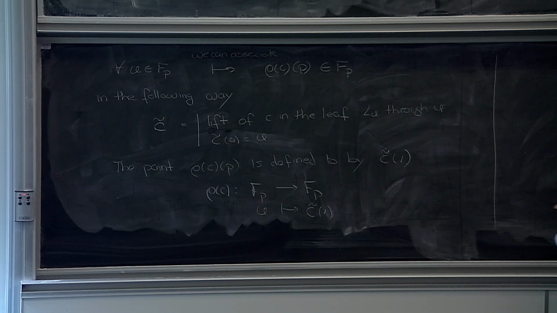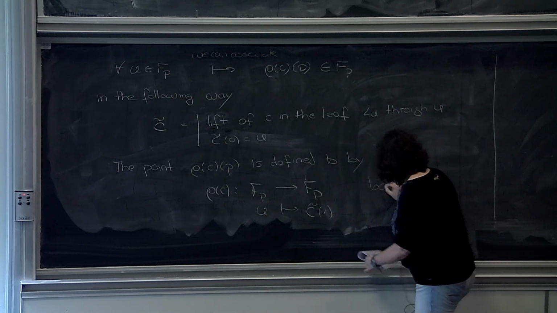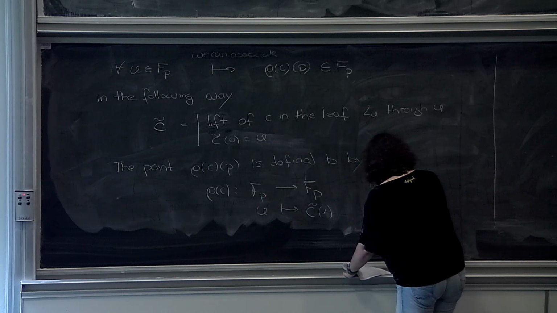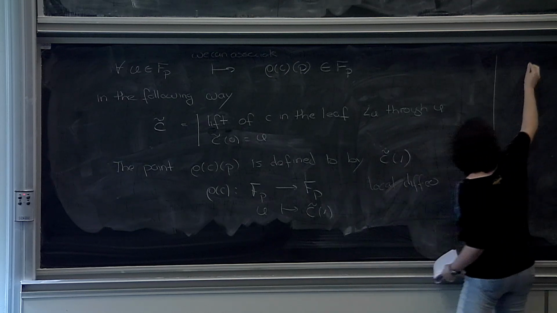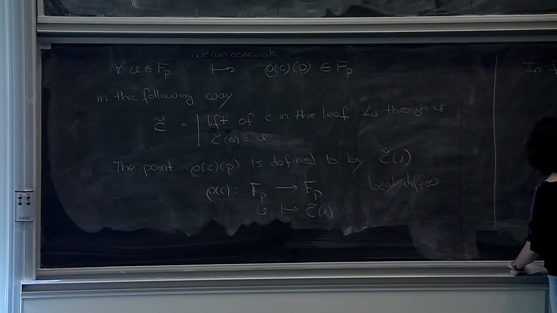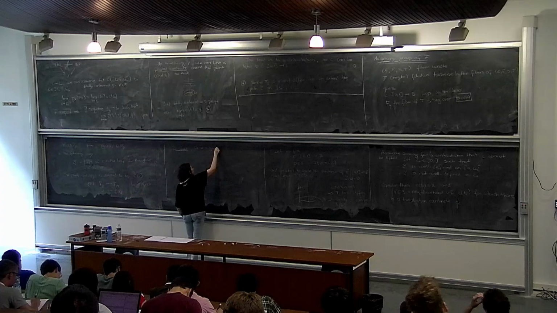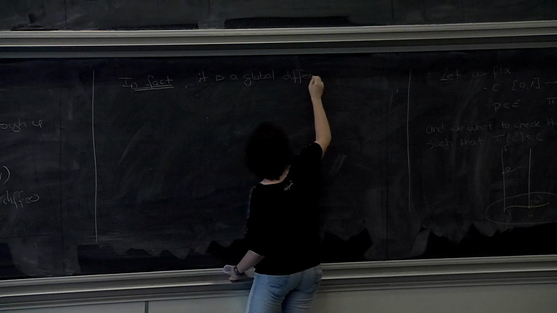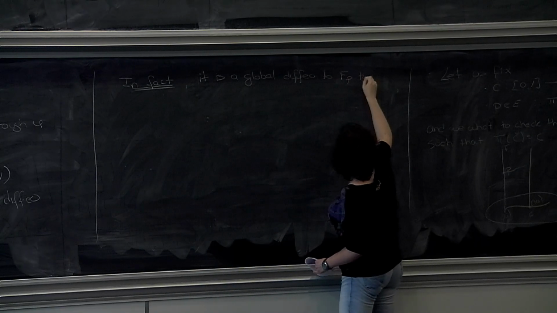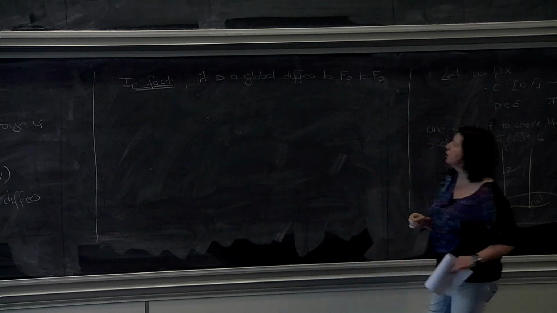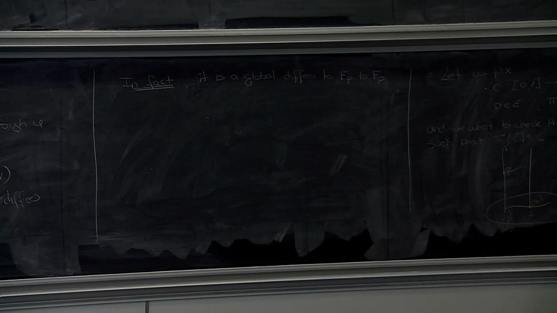Okay, so this is a local diffeomorphism, but in fact it is a global diffeomorphism from F_P to F_P. So it is defined on all of the leaf, okay?